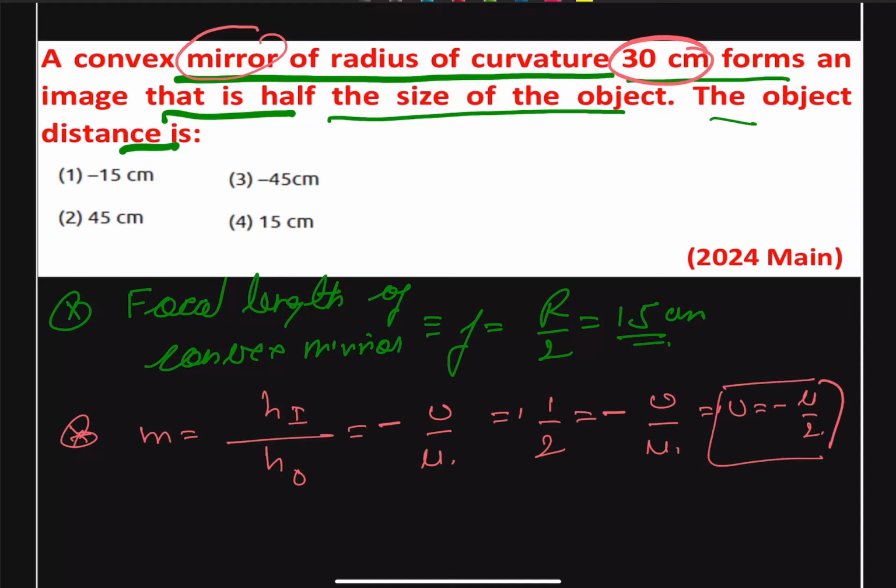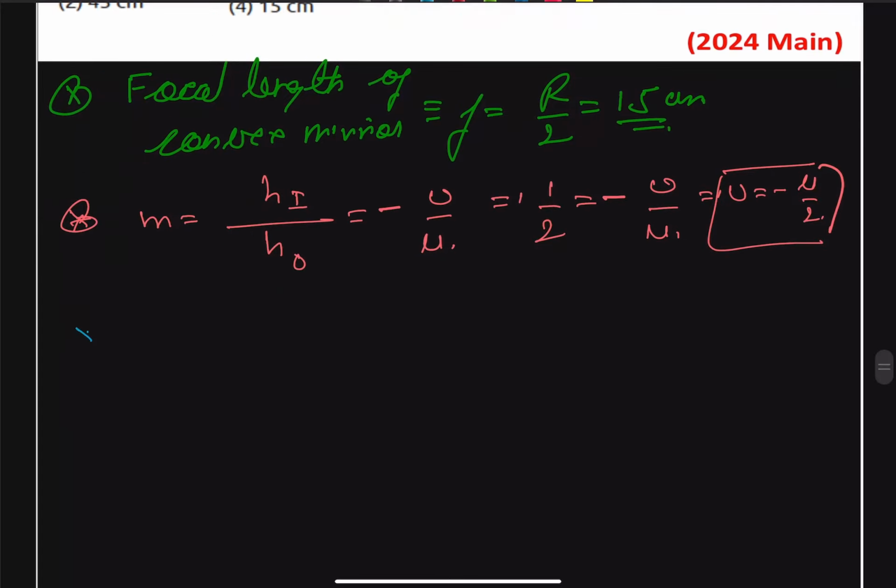Now we can use the mirror formula. And mirror formula gives us 1 upon f is equal to 1 upon v plus 1 upon u, and 1 upon f we already know is 15, so we substitute it, we get 1 upon 15.